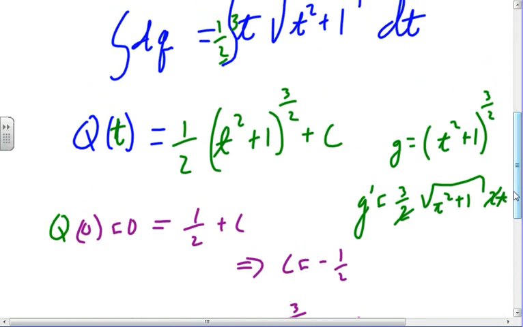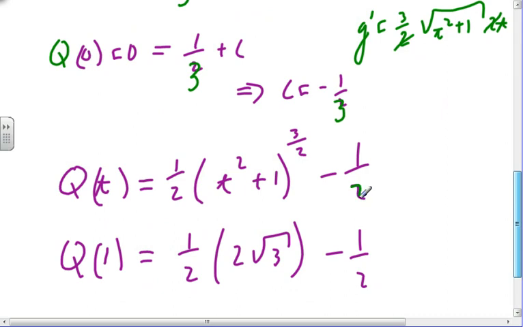Okay. The problem is, I do have the same answer. See this 3 right here and that 3 right there? That 3 right there became a 2 down here. So this is really a 3. That's really a 3. This is really minus a third.